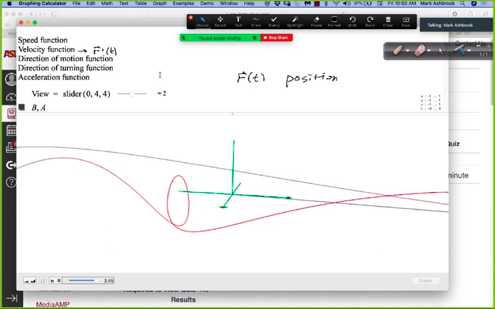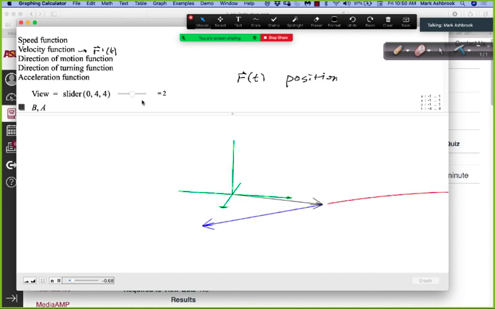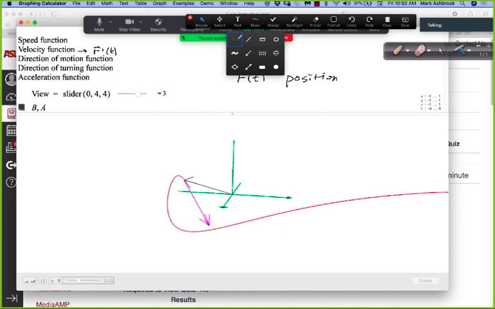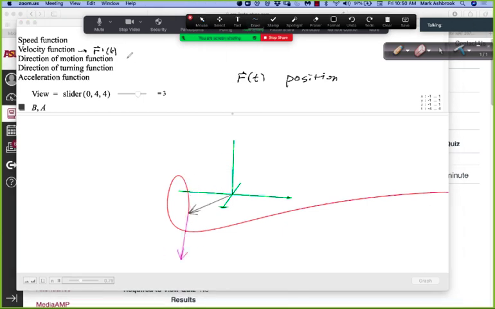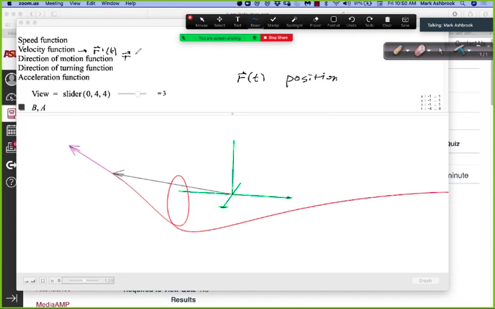Okay, so then a direction of motion function, if we don't care about the speed anymore, we just want direction, how did we get that? Unit vector. Yeah, so we make that one. We're going to take the velocity function and unitize it.